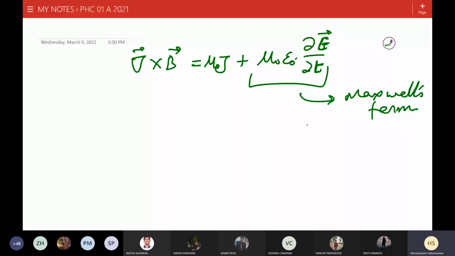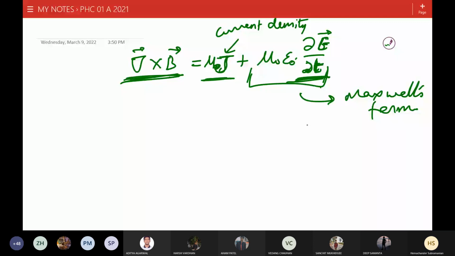Maxwell introduced this term to make the equations symmetric. People knew the first term already; J is the current density. When you pass current, there is a curling magnetic field around that wire. People knew that, but they did not know that a changing electric field also creates a curling magnetic field.